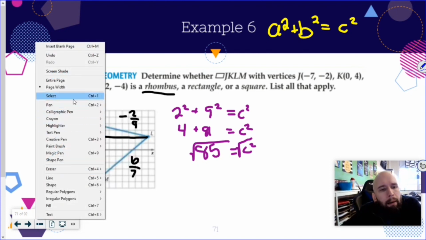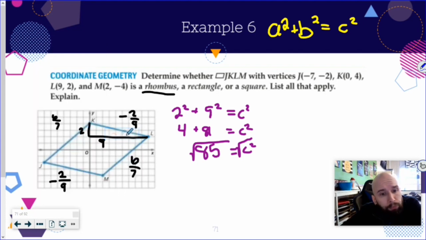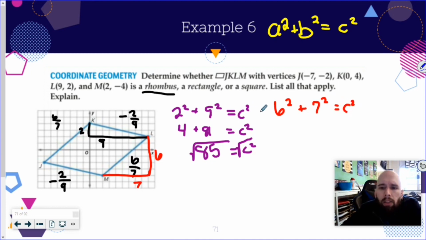So let's do it again. With this, I could draw a triangle knowing very well that this height is 6 and that is 7. So I'm going to do 6 squared plus 7 squared equals c squared. That becomes 36.